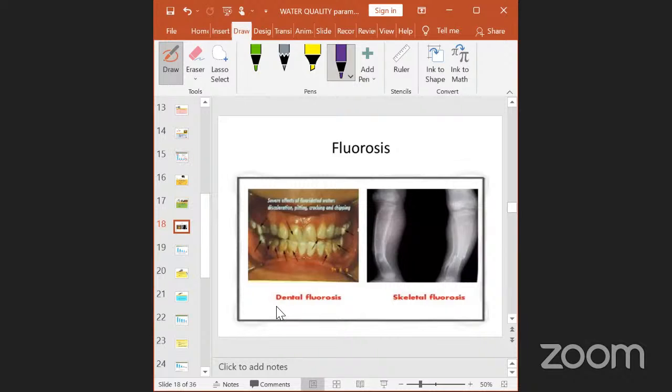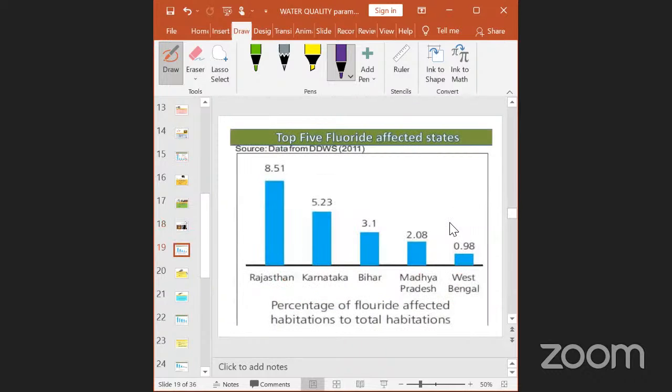You see the dental fluorosis problems and skeletal fluorosis problems. That is called above 1.5 mg per liter fluoride, right? This is an excessive amount, above 1.5. You see here, the top 5 fluoride affected states: Rajasthan, Karnataka, Bihar, Madhya Pradesh and West Bengal.